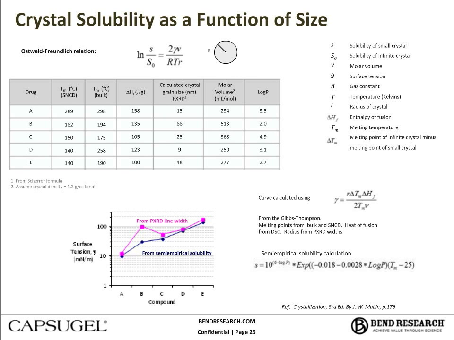The surface tension values that we plot here are consistent with others reported in the literature, and a second curve is shown on the plot, which is the surface tension calculated using a semi-empirical equation for drug solubility, which also makes use of the melting point depression of the nanocrystalline domains relative to bulk crystals. So that's also plotted there in the figure, and is in good agreement with the calculated data based on DSC and PXRD, and also from what we see in the literature.